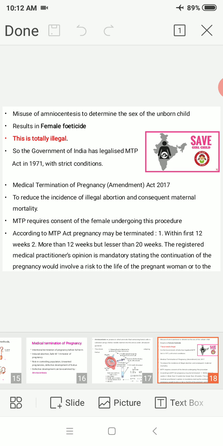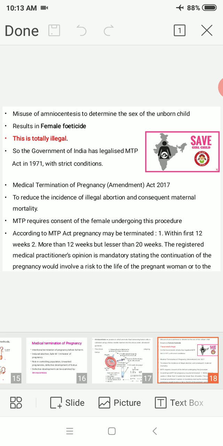Medical termination of pregnancy, amended Act in 2017, to reduce the incidence of illegal abortion and consequent maternal mortality. MTP requires the consent of the female undergoing this procedure.